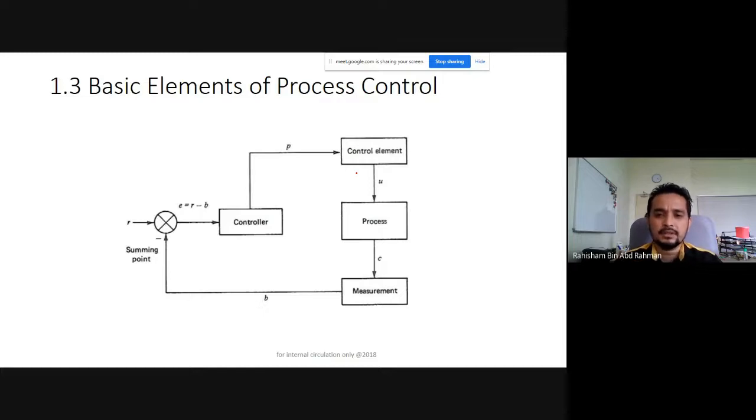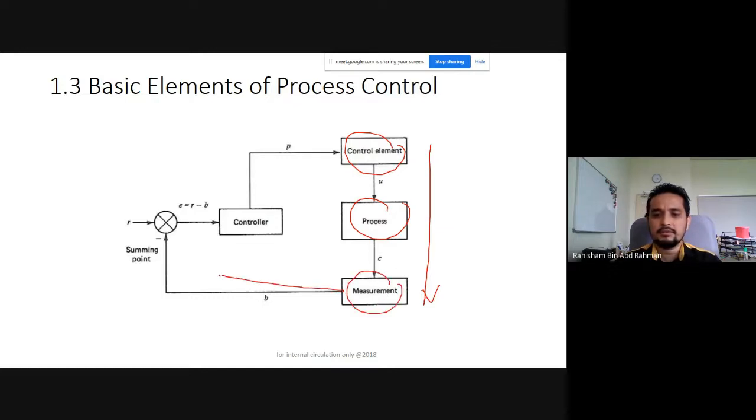Alright, in this case, if you want to look at a block diagram, we have the process control here, we have the control element, and we have the measurement. We have a process, and the process goes downward. We have a control element, for example, the fluid level, the fluid temperature, the flow rate, etc. It feeds into the process, and then the measurement, which becomes a sensor.